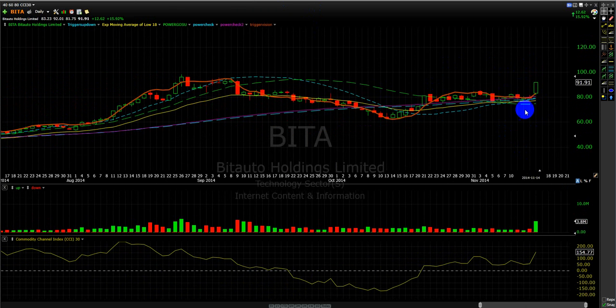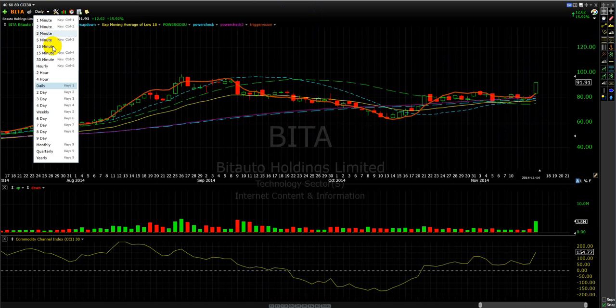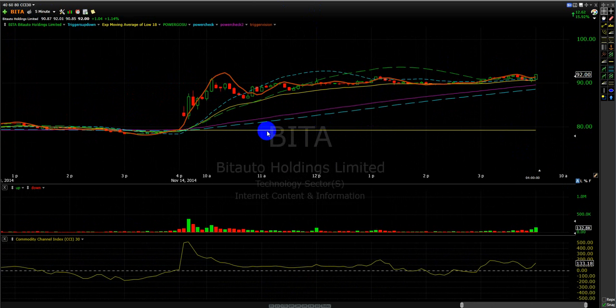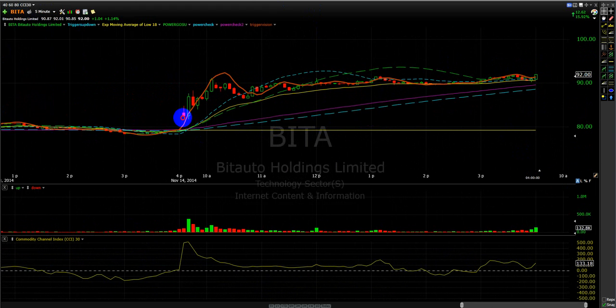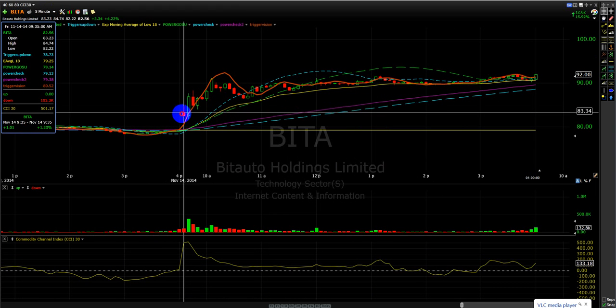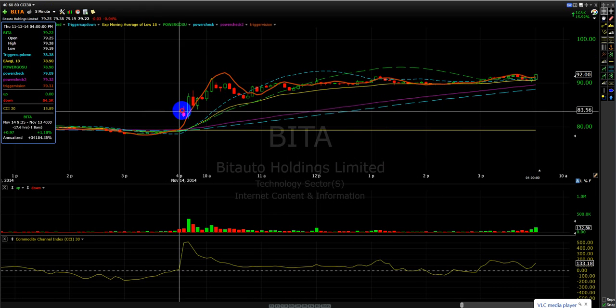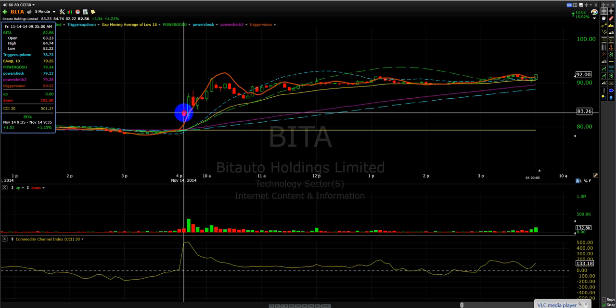This is a stock I was watching. I didn't get into this, but the entry was right at the opening. If I put a 5-minute chart here, I would have entered right at that first 5 minutes. That means we'd be paying somewhere in this area, 184 to 183 or 182, right?